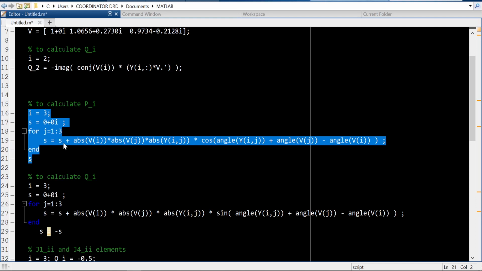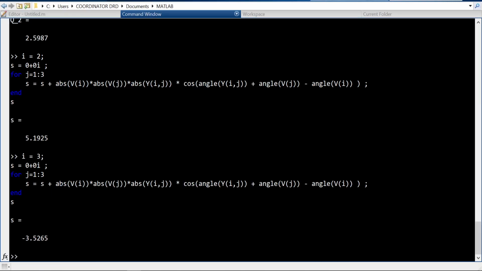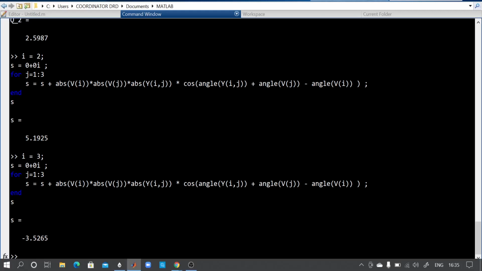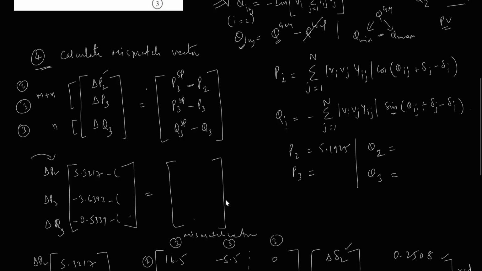This is cos and this is plus, right? Everything is fine. And P3 is minus 3.5265, right?